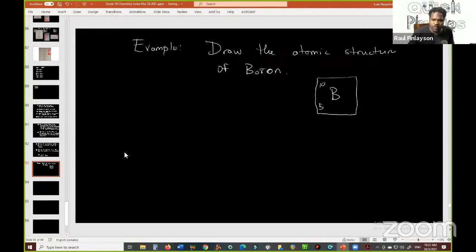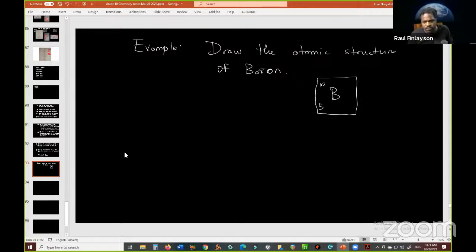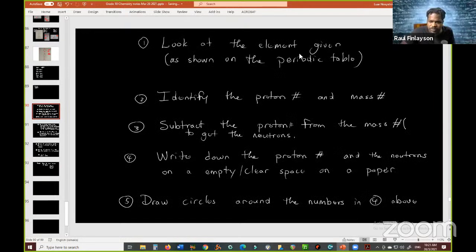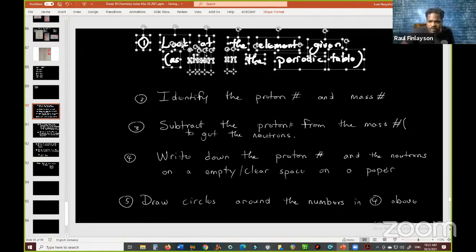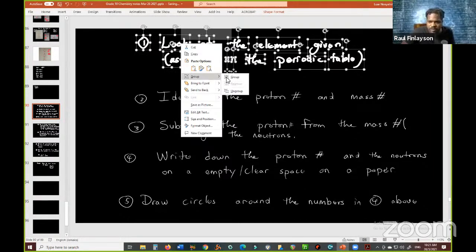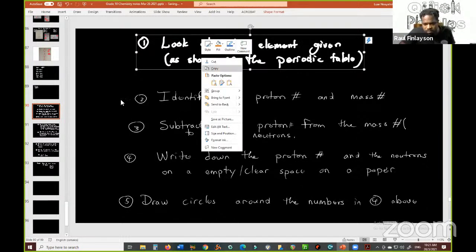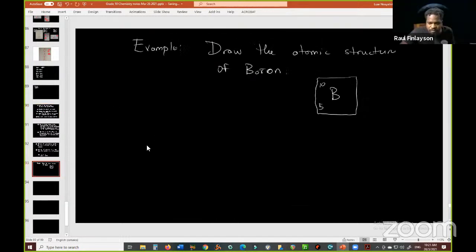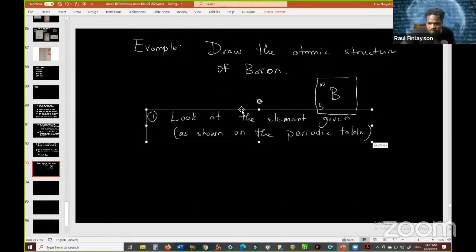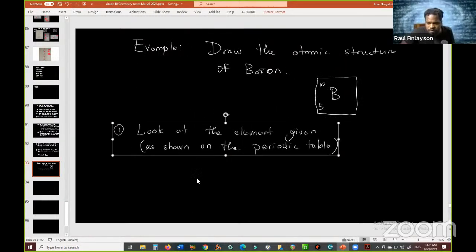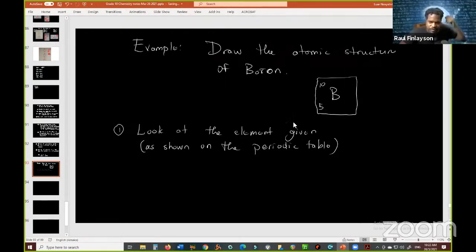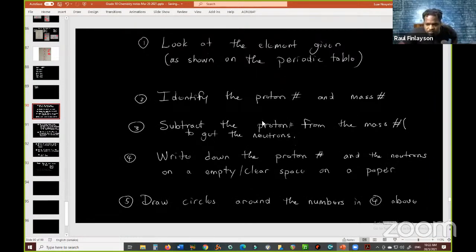First step is, as I say here, look at the element given on the periodic table. We can select this one, let's group that, and even copy it. So look at the element shown on the periodic table. We do step 1 already. Everybody can see it, so that's done.